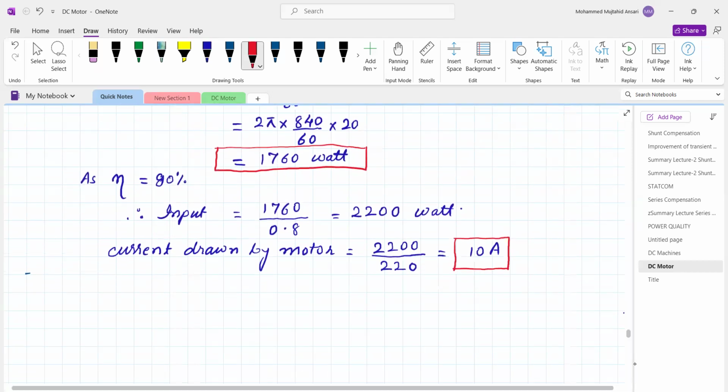Now what is remaining? We want to know the diameter of the motor pulley.